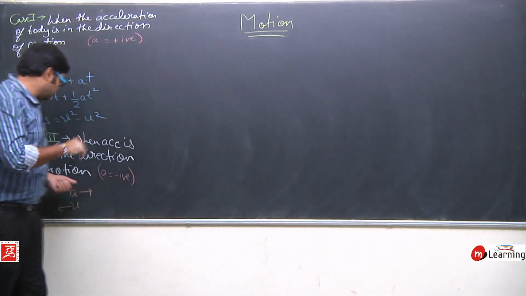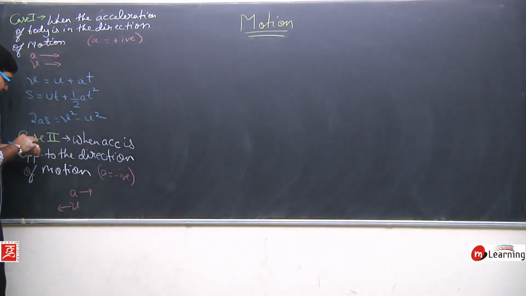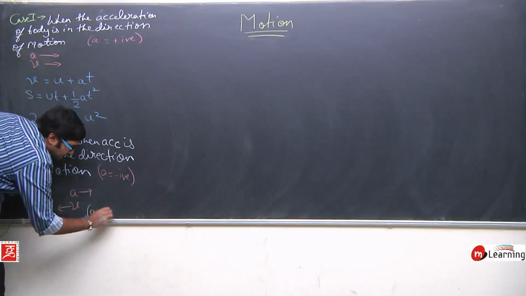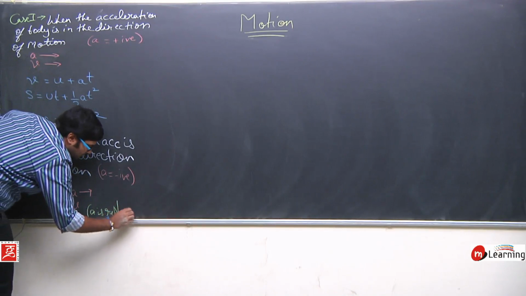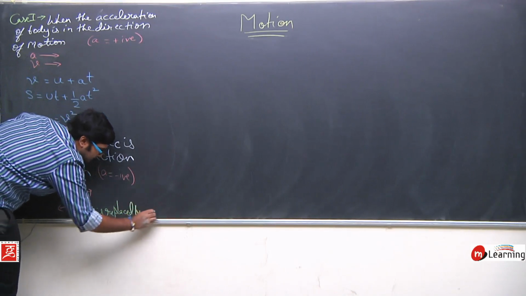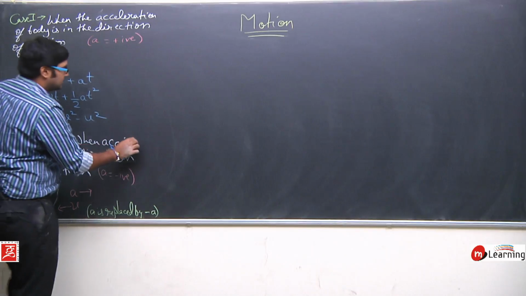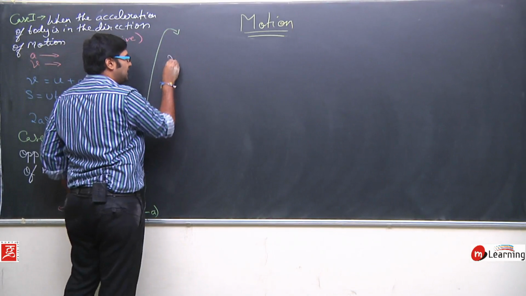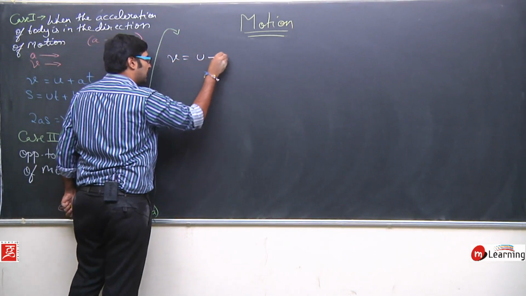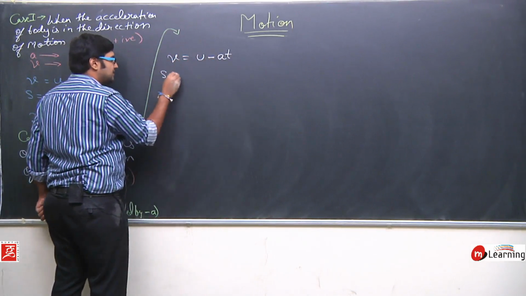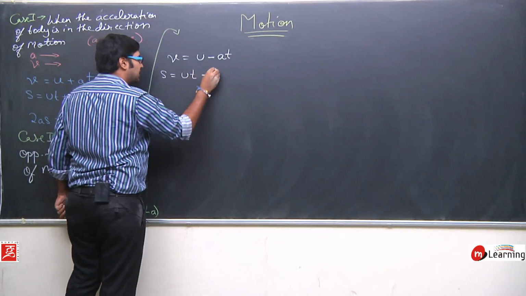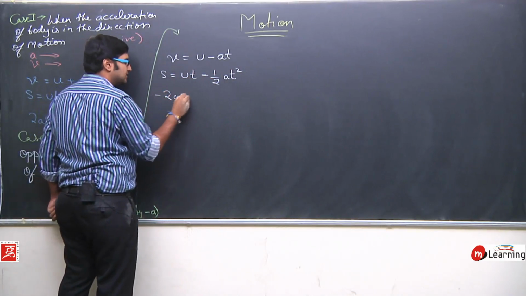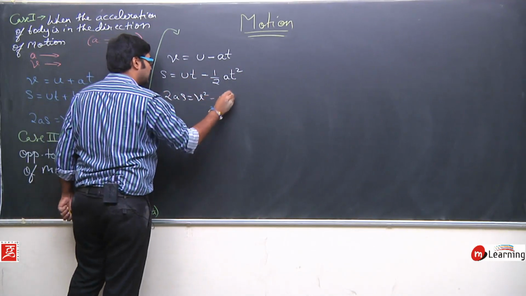So case 2, when the acceleration is in the opposite direction to the direction of motion, a is replaced by minus a. So in this case the equations of motion will become v is equals to u minus at, s is equals to ut minus half at square, and minus 2as is equals to v square minus u square.